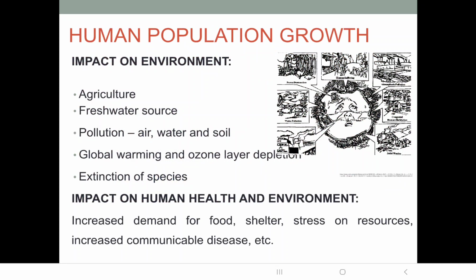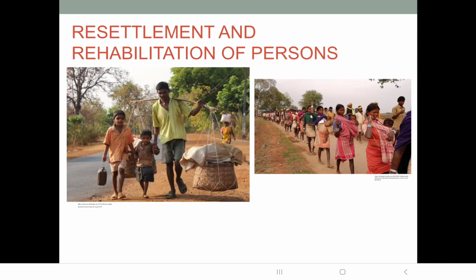Then impact on human health, there are increased instances of diseases, the problem of shelter is also there.